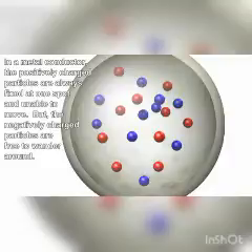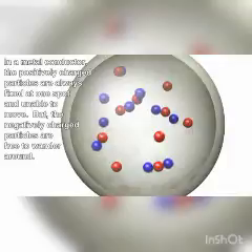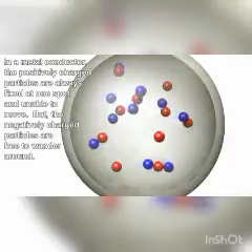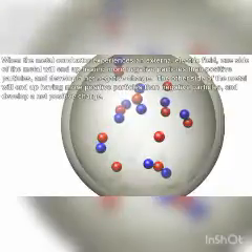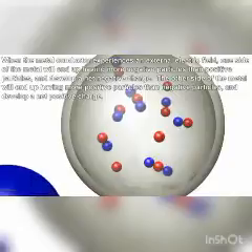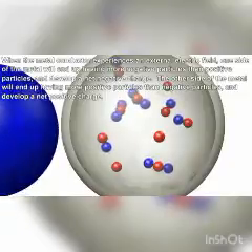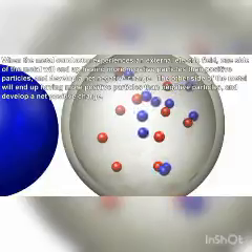In a metal conductor, the positively charged particles are always fixed at one spot and unable to move. But the negatively charged particles are free to wander around. When the metal conductor experiences an external electric field, one side of the metal will end up having more negative particles than positive particles and develop a net negative charge.